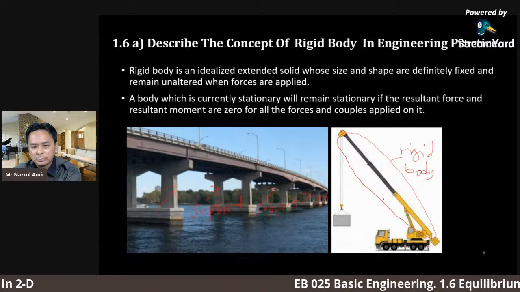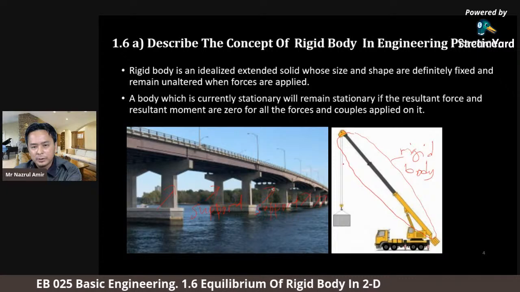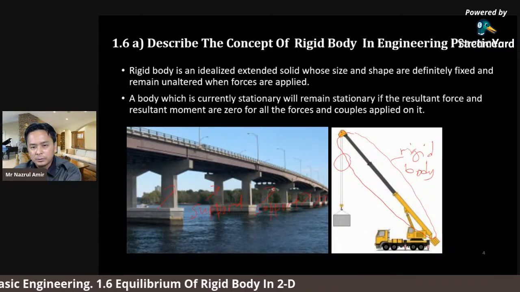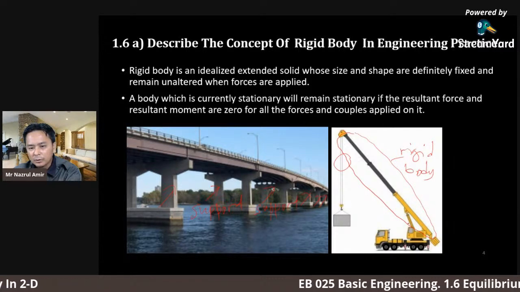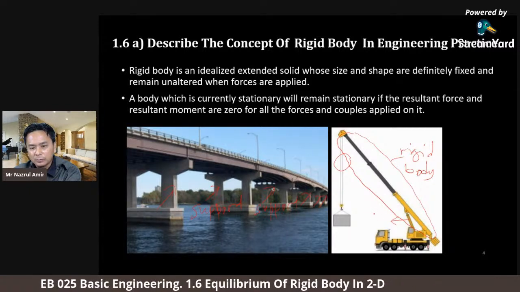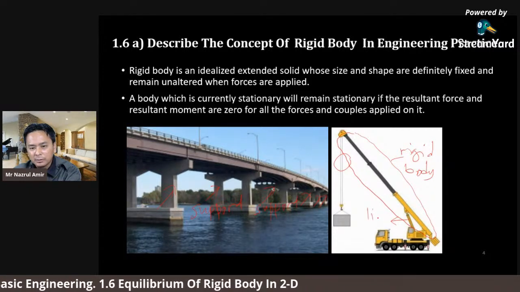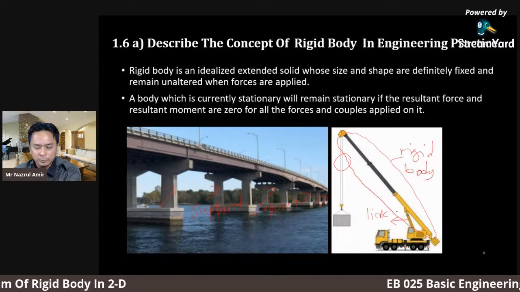It is supported at two places. The first one is the cable. The cable is used to support the load. And on the body of the crane, it uses a kind of link, a short link or types of link, that supports the bottom part of the rigid body.